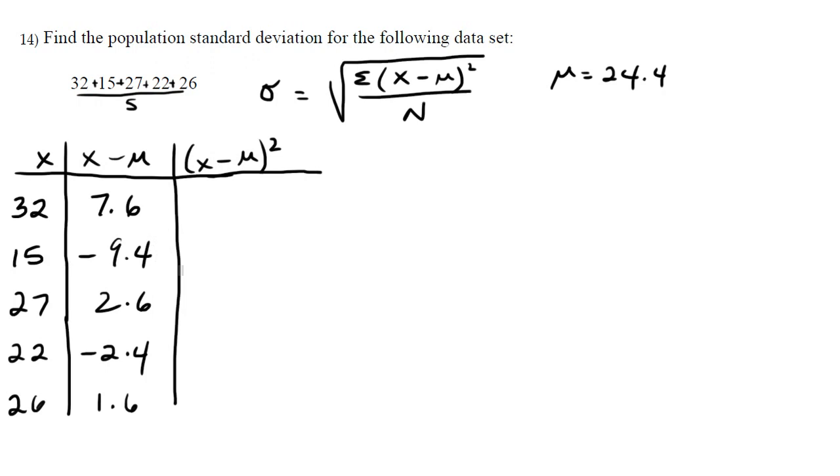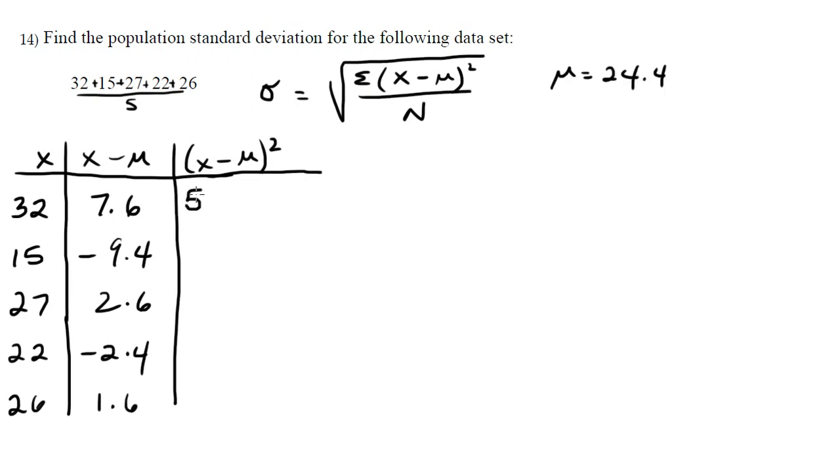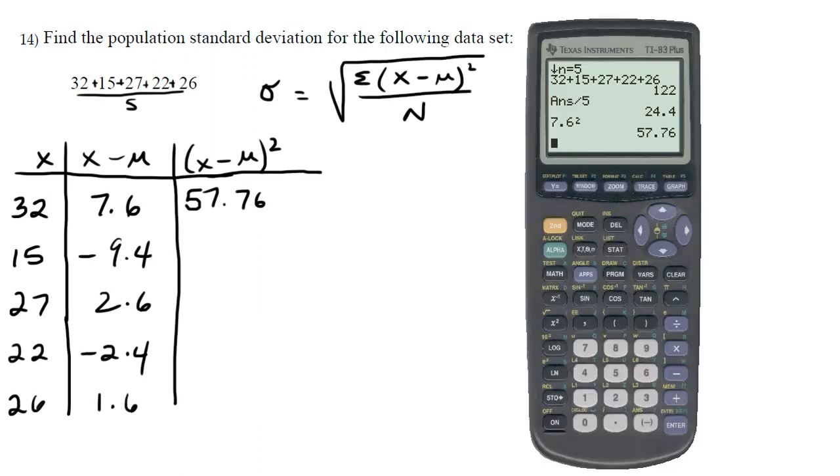So let's bring back in the calculator here. 7.6 squared. Now, if I just wanted to do this, 7.6 squared plus negative 9.4 squared. Whoops.